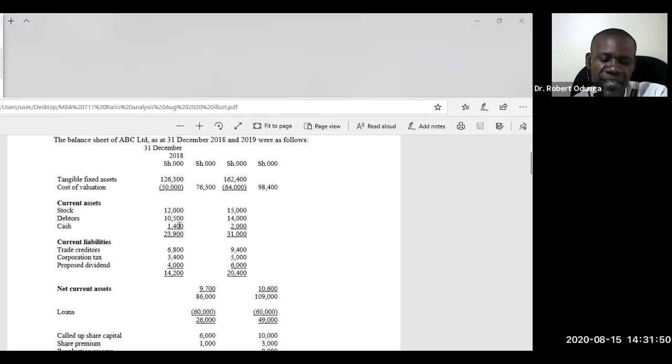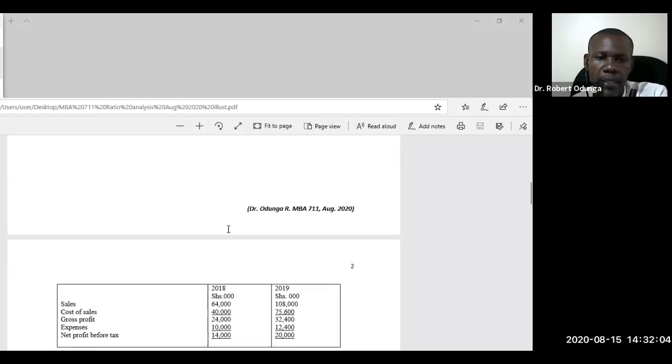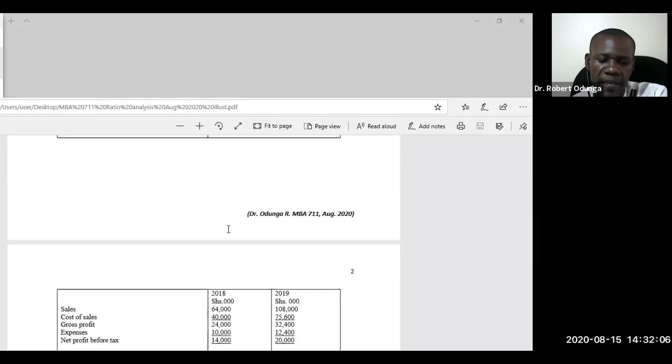So for 2018, it will be the 10,500 over the sales. The sales for the year were 64,000, as you can see. And that is for 2018.